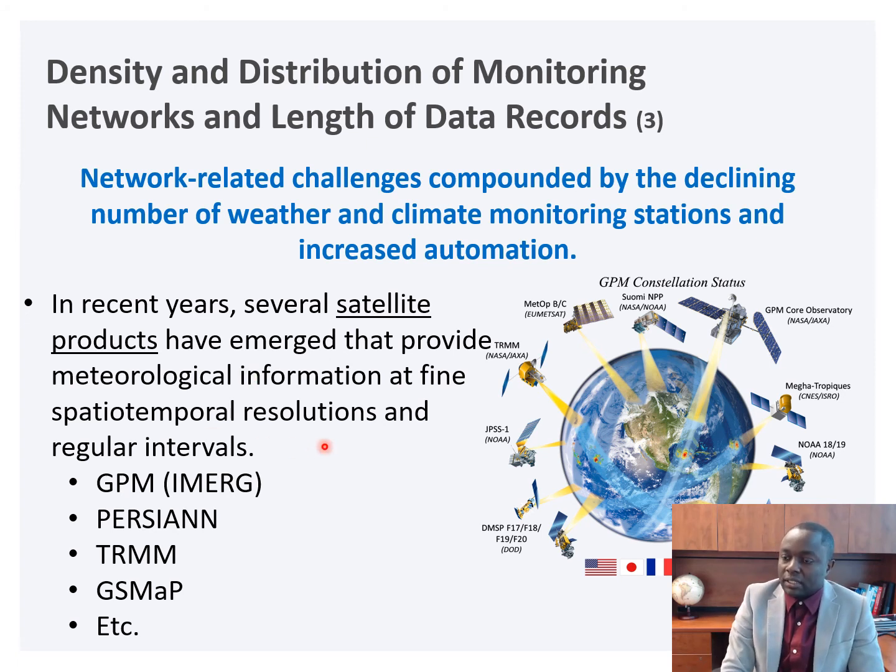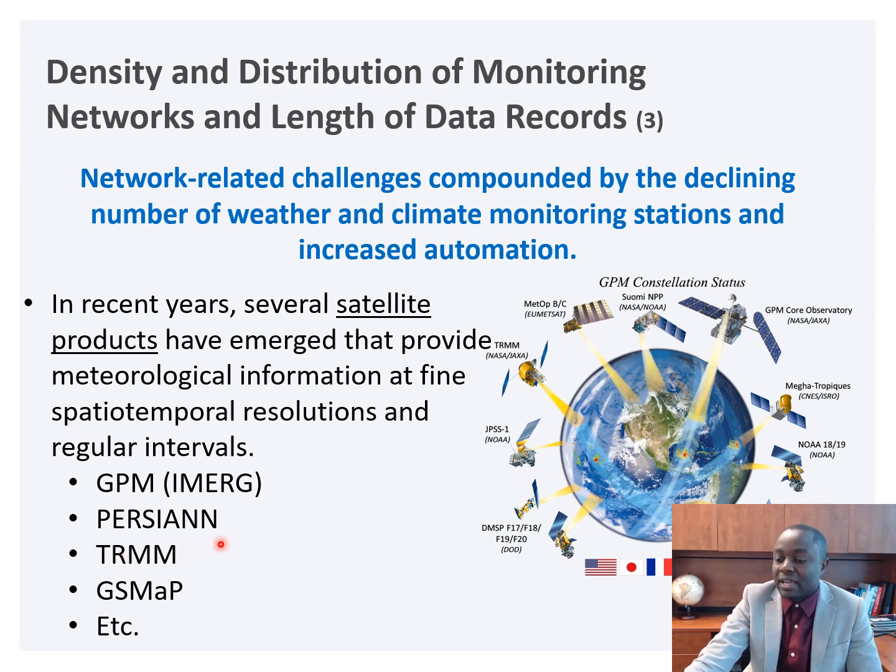Because of the limitations in climate observation stations, such as rain gauges, in recent years, satellite data products have emerged to fill some of the gaps left behind by gauge stations. For example, we have the GPM, that is the Global Precipitation Measurement mission, and we have the Tropical Rainfall Measuring Mission.